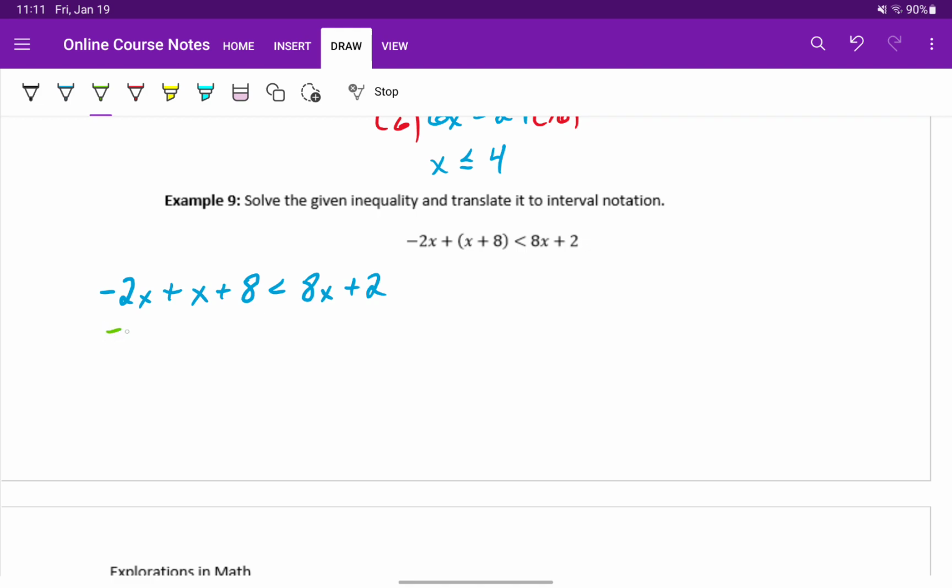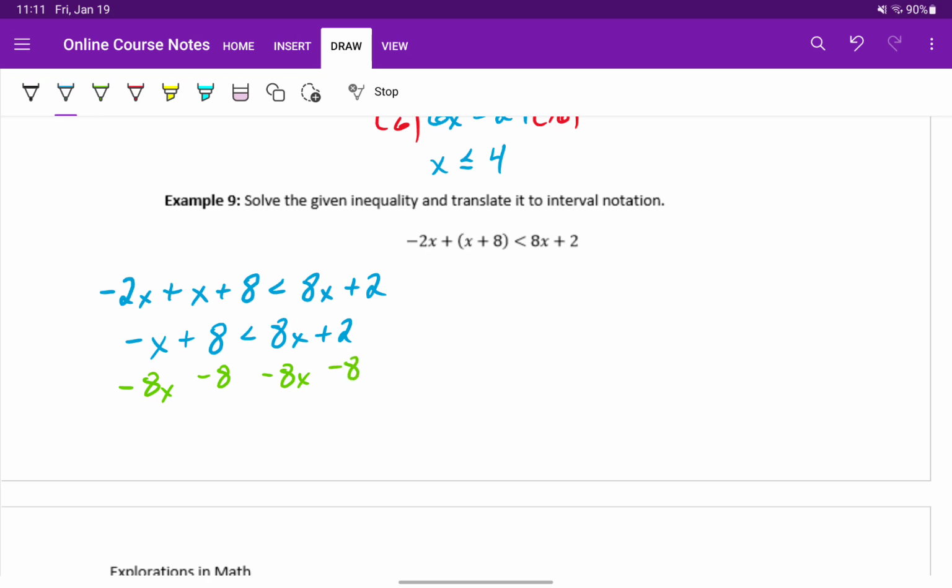Actually, before we get into doing that, we'll simplify what we have. Combining like terms on the left-hand side will give us -1x, or just -x, plus 8 is less than 8x plus 2. Once we've combined like terms, now we can start moving pieces from one side of the equation to the other. So we'll subtract 8x from both sides, and we'll also subtract 8 from both sides.